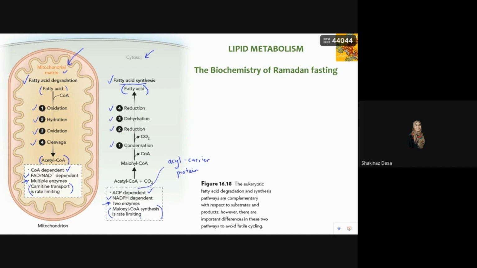Kalau dia tidak dihasilkan, dia akan menghentikan ataupun inhibit the production of fatty acid. Kalau you jumpa mana-mana perkataan rate limiting tu, berarti dia itulah yang jadi punca ataupun the point that control the whole process. It's the regulation of that process. Okay. Let's move on to the next slide.